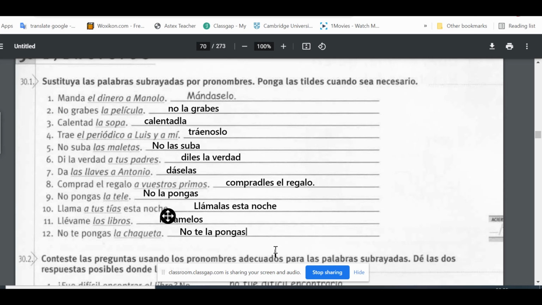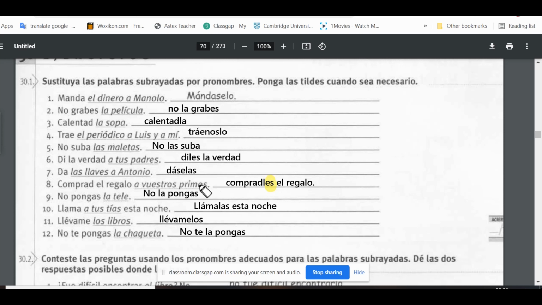Okay, let's review this. So if you can see, sometimes when you talk about people, we use le or les or se. Some of the time we use la or los. What is the difference? Let's take a look at this one, for example. So when you use le, here, why do we use les and not los?